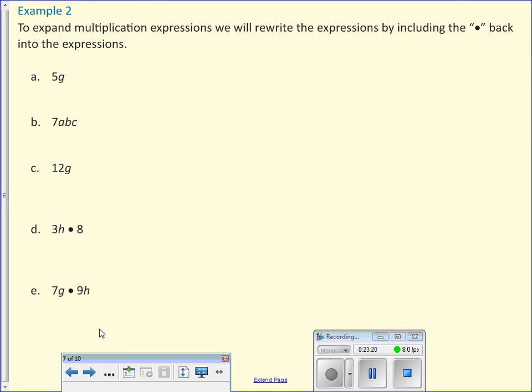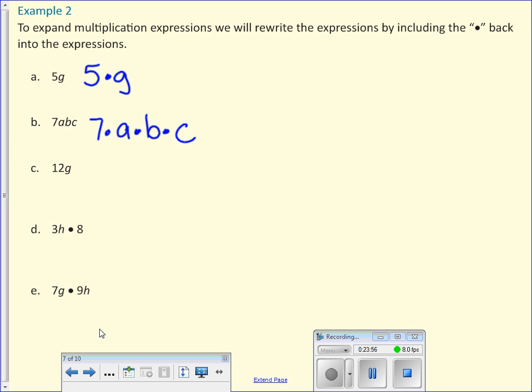All right, now for example 2, they're asking us to expand the multiplication expressions to rewrite the expressions using the multiplication dot. Okay, so what's 5g written as a multiplication expression? 5 times g. What's 7abc as a multiplication expression? Yep.